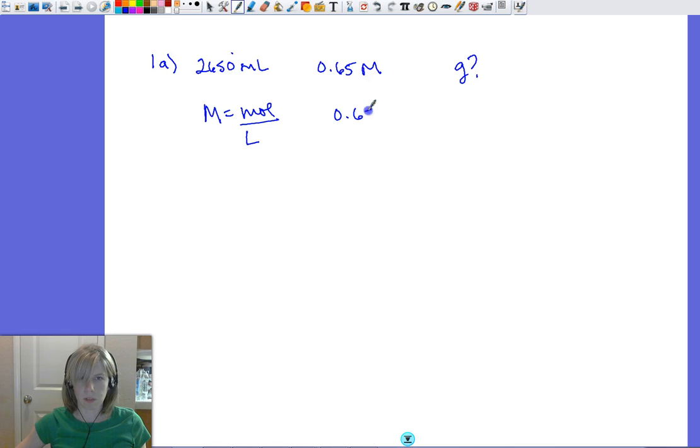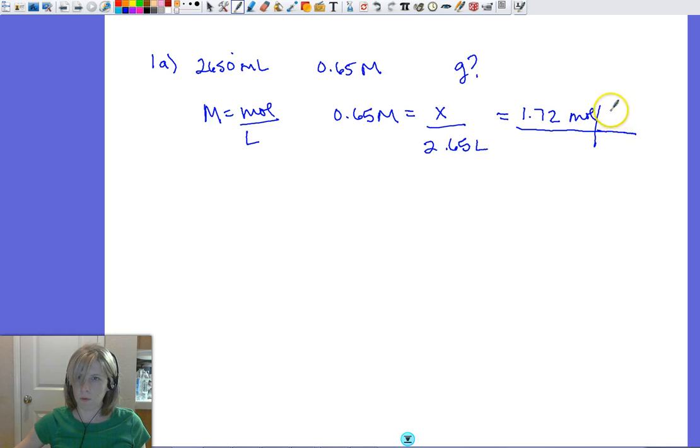So we have 0.65 molar equals X, we're looking for moles, and 2.65 liters. So when we solve for X, we get 1.72 moles.